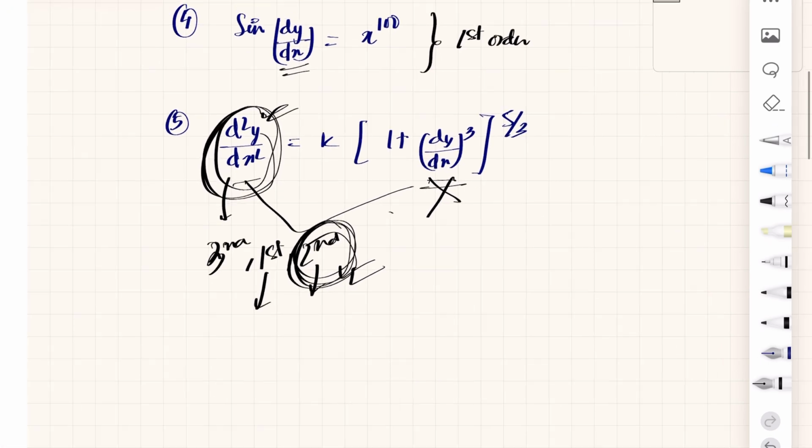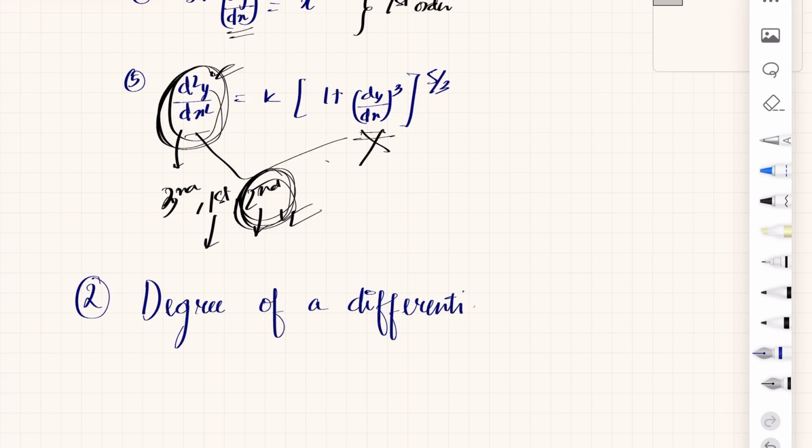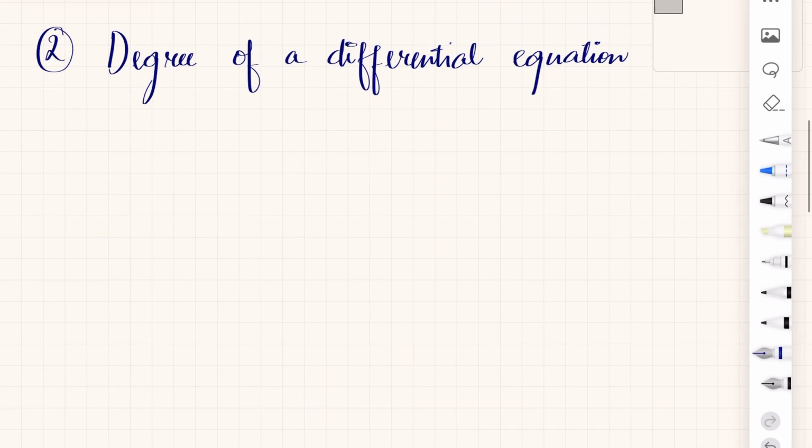So let's jump into the second topic. What is the second topic? The degree of a differential equation. Okay, so what is the definition?